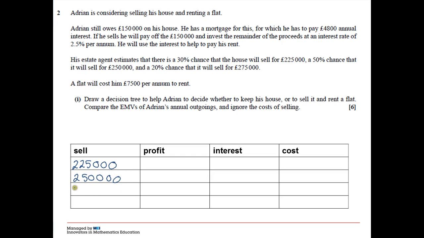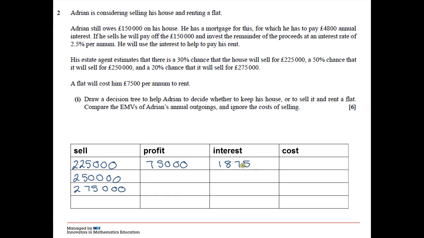and on a really good day he might get £275,000. So let's have a look at what that means to him. If he has to pay back £150,000 on his mortgage, £225,000 will give him a profit of £75,000, and when he invests that at an interest rate of 2.5% per annum, he'll get £1,875 in interest.